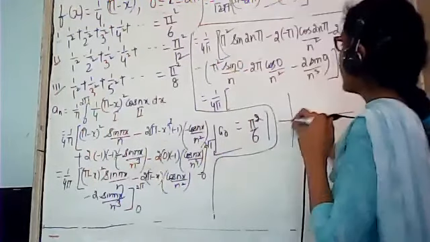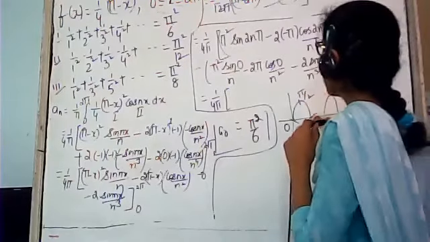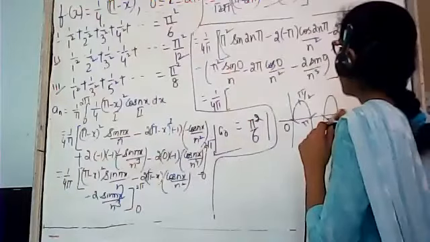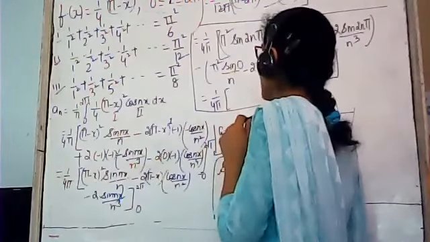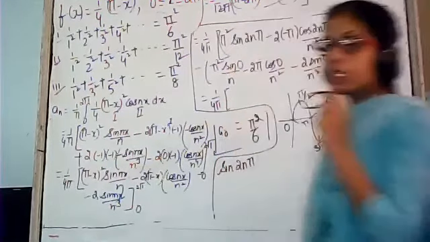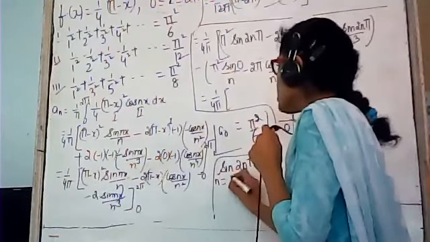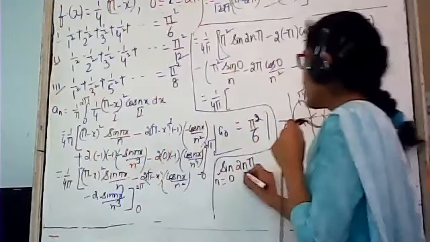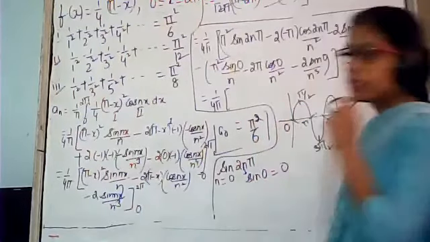This is our sine curve. This is 0. This is pi. This is 3 pi by 2. And this is 2 pi. We have to find the value of sine 2n pi. Sine 2n pi means, if we substitute n equal to 0, this term will become sine 0 and sine 0 is 0.